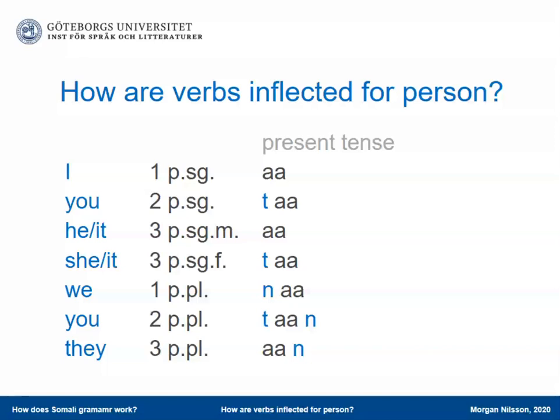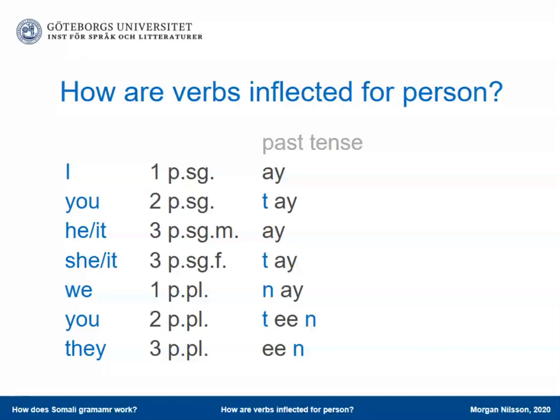And just by changing the vowels, we will be able to produce the past tense endings. So that if we instead use the vowel a, or the diphthong a, we get the past tense.